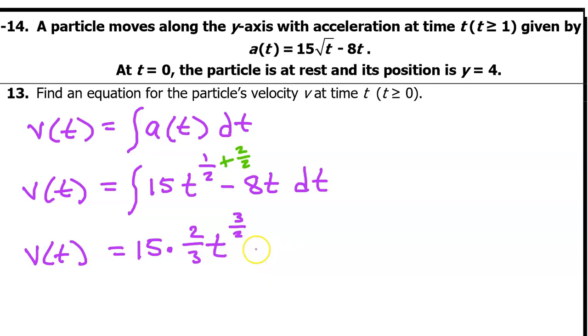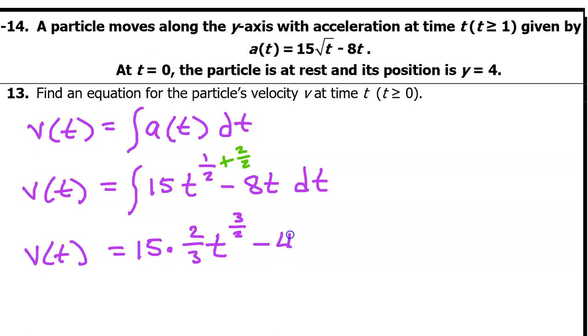So I have this. Moving on to the next term, here's my minus 8. I'm going to take this t and increase the power by 1. So I have t squared. But then I need to divide by my new power. We can just do this in our heads actually. 8 divided by 2 is 4.